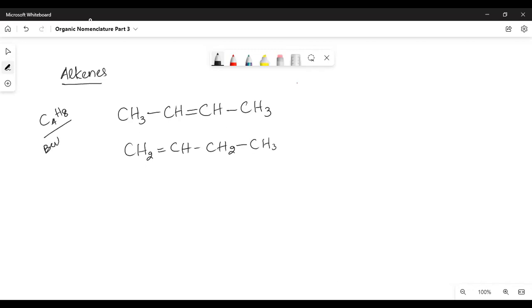Both of these are known as butene, but that's not the actual name. What do you name this one as? So straight longest carbon chain and 1, 2, 3, 4, right? Really, it doesn't matter if I start numbering from the right or the left. This is going to be butene.